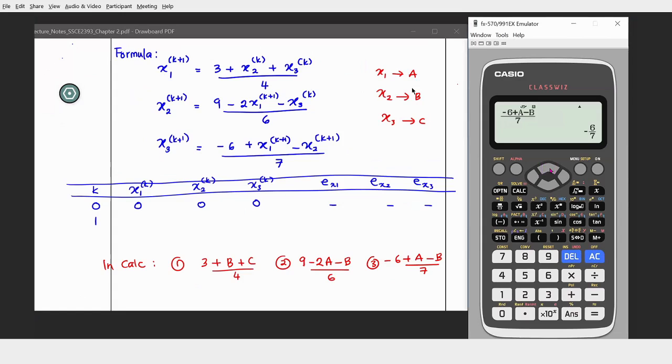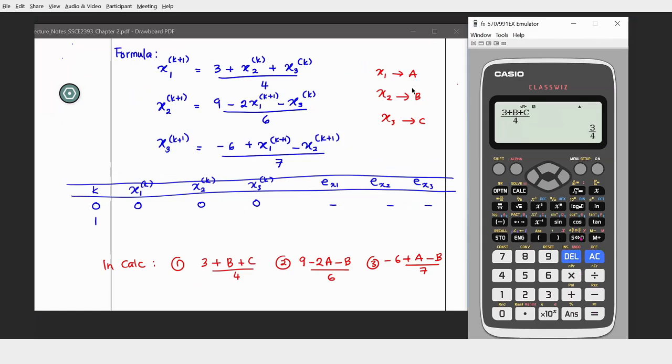Use the arrow button here. This is the third one, second one, this is the first one. Use the calculate button. The calculator will ask what value of B you want to use. For now, the value of B is still 0. B refers to your x2 in your table. So B is 0. What is C? C is also 0. So we have 3 over 4.